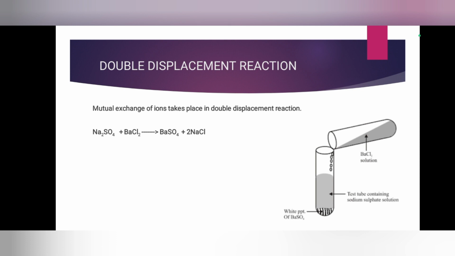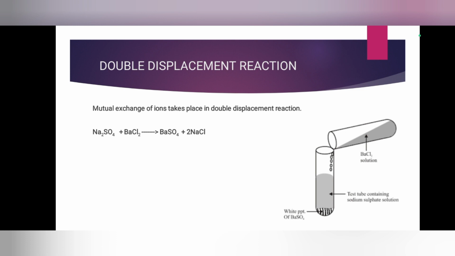This reaction is also known as a precipitation reaction, because among the two products, one is a thick precipitate. In double displacement reaction, mutual exchange of ions takes place. See children, always remember, a substance when it loses electrons becomes positively charged.